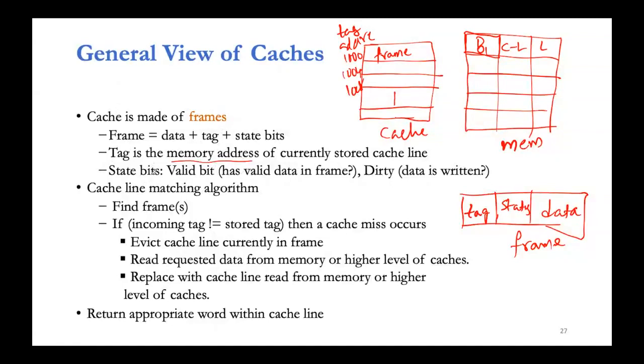To do this in the caching mechanism, there is an algorithm we call the cache line matching algorithm. Whenever there is a CPU request, that request has the address of the cache line.